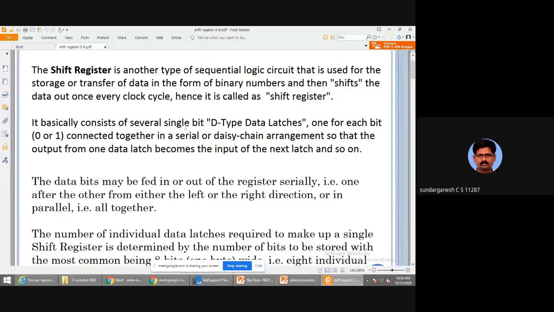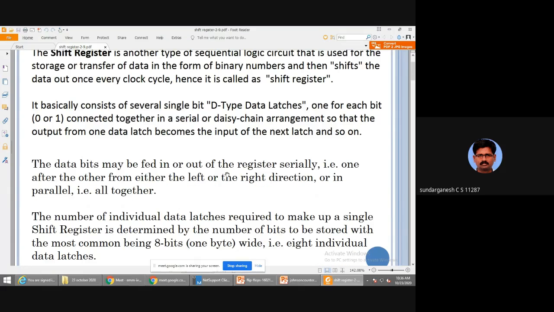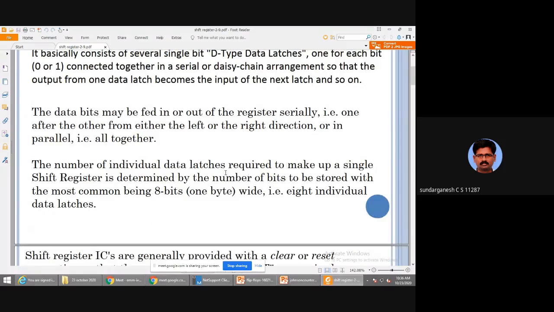So there are four options, and these are the four possible operations you can do in a shift register. The number of individual data latches needed to make a shift register is the number of bits you have to store. For example, to store 8-bit data, you have to take 8 flip-flops.